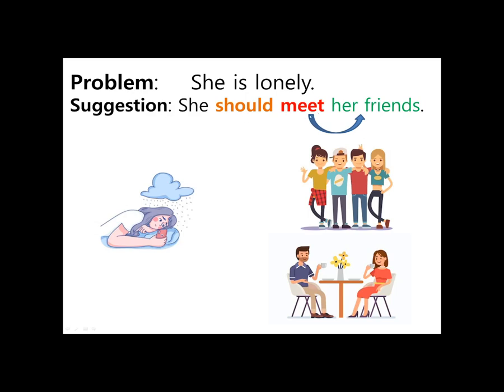Meet, this is our transitive verb. And her friends, this is the object noun. In middle school and high school, you'll learn different words you could use instead of should to make it an obligation instead of a suggestion. But the structure, you'll see this structure often.